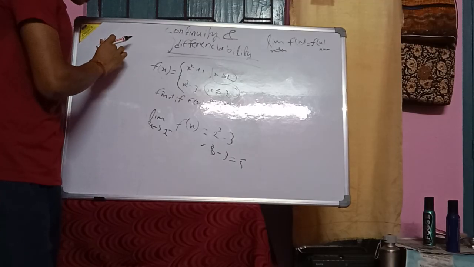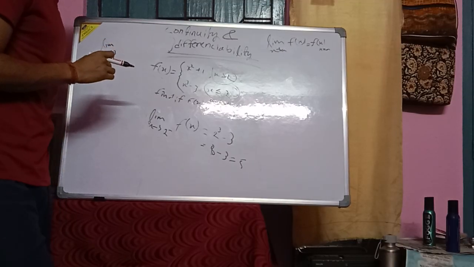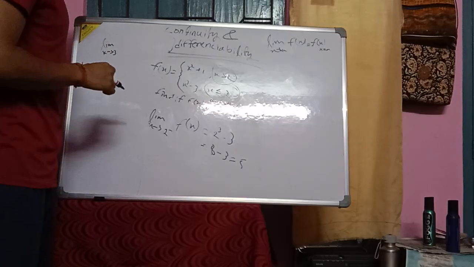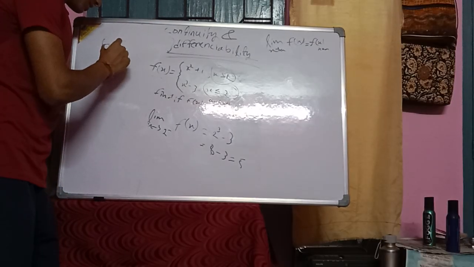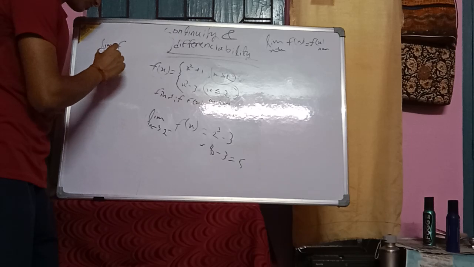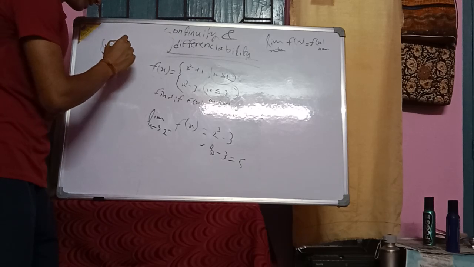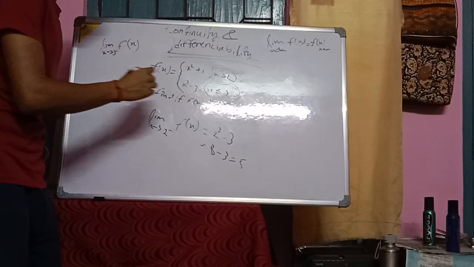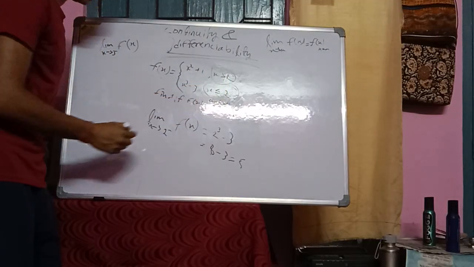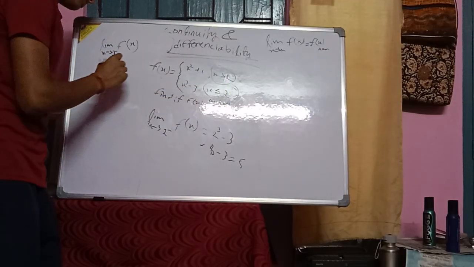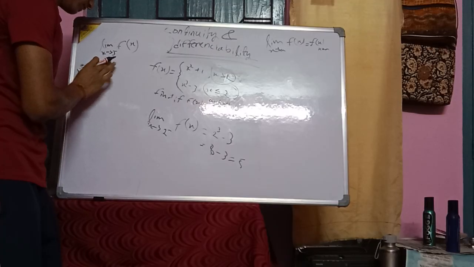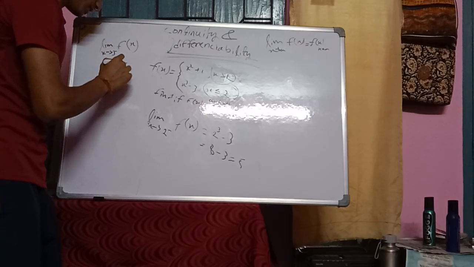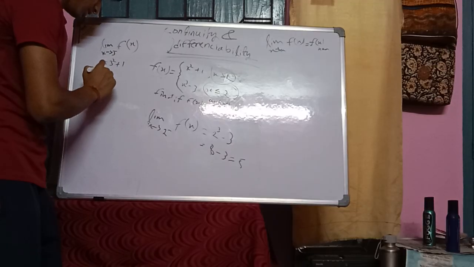But I will still do it because I think you guys are still very new to this. Let me do it this way. Limit of x tends to 3 minus of f of x. We are very close to 3, so we obviously satisfy this condition, x greater than 2. That means the function would give us 3 squared plus 1, that is 10.